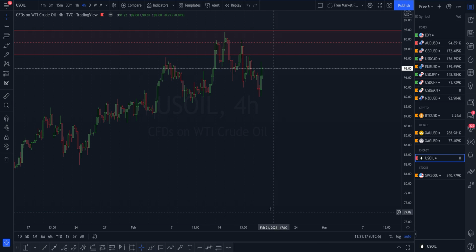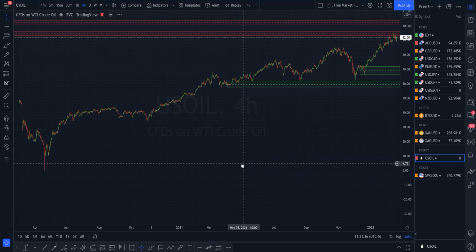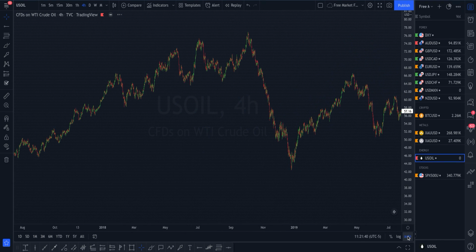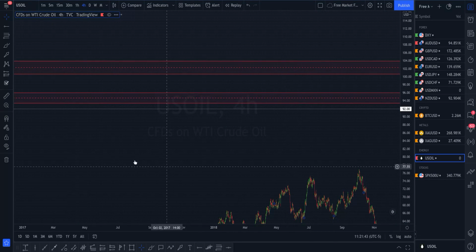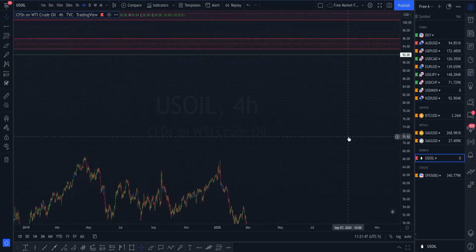Where could we take trades from? This has been mitigated. This has been mitigated. This has been mitigated. Okay. I don't see any 4-hour imbalance here. The institutional zone that it's in, let's see if we can even get to it. Did I pass it? No, I didn't pass it.